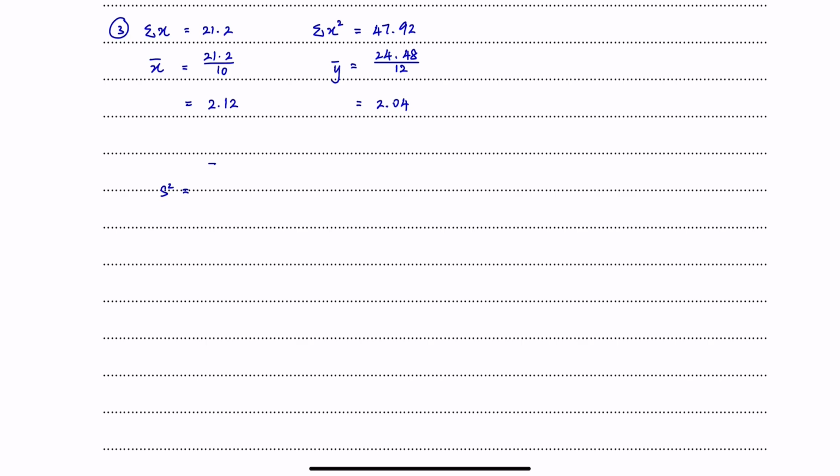And the formula for that is the sum of x squared minus the square of the sum of x divided by the number of samples for x, plus the sum of y squared minus the square of the sum of y divided by the number of samples for y.